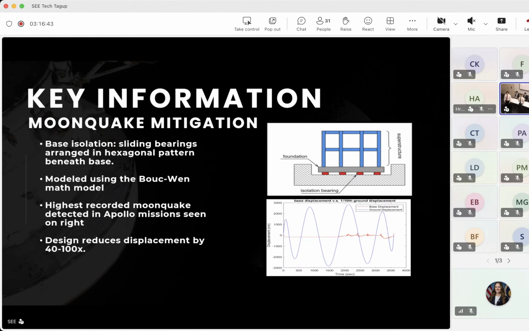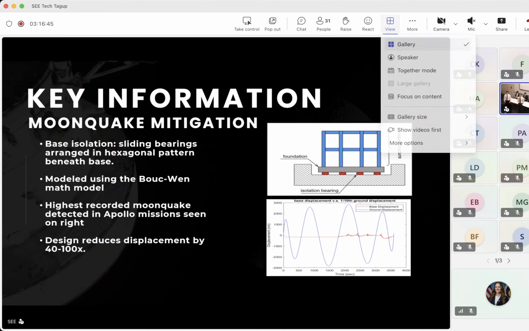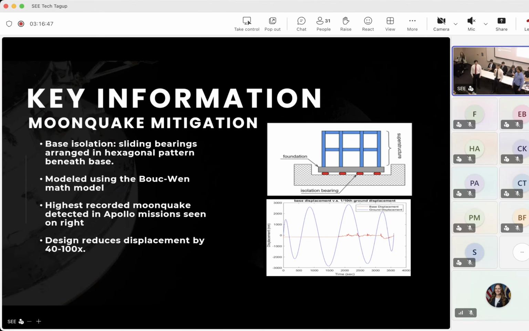So moonquakes. Moonquakes happen on the moon at least every 14 days. To protect against these, we've devised a sliding bearing base isolation system, which effectively decouples the ground motion from the base motion. To model the complex, nonlinear behavior of the sliding bearings, we have opted for what's called the Bouc-Wen hysteretic mathematical model.